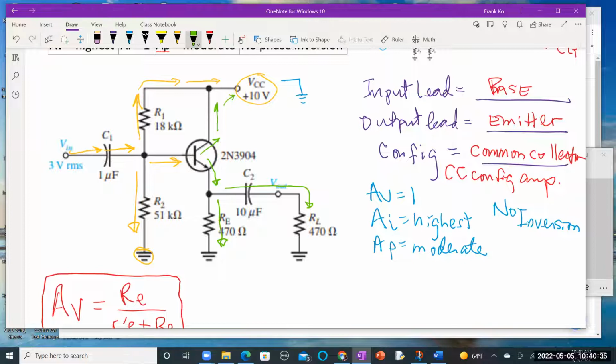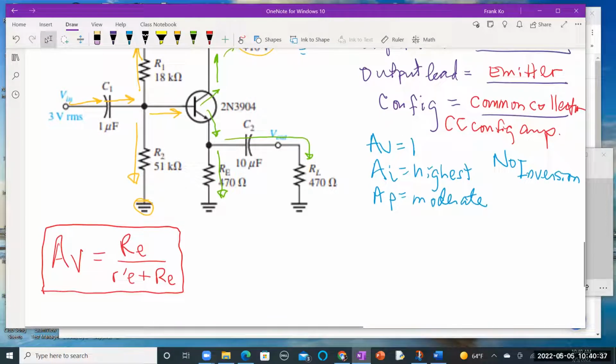So let's analyze the RE portion of this first. The RE portion, and notice that's written with a little lowercase e, is actually going to be your emitter resistor in parallel with your load resistor. Aren't these two resistors, RE and RL, in parallel with each other?